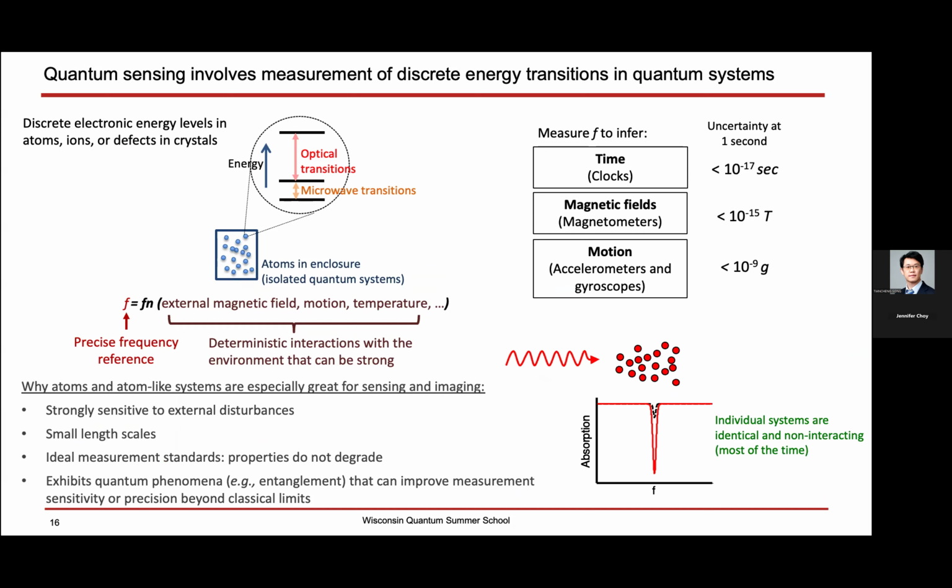Just to give you some benchmark numbers in terms of the power of these atomic systems: you can do spectroscopy, measuring energy and frequency transitions. We've talked about timekeeping, where right now the best uncertainty is down to 10 to the minus 17 seconds.